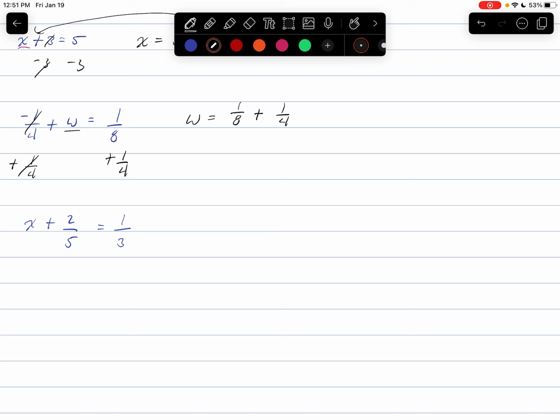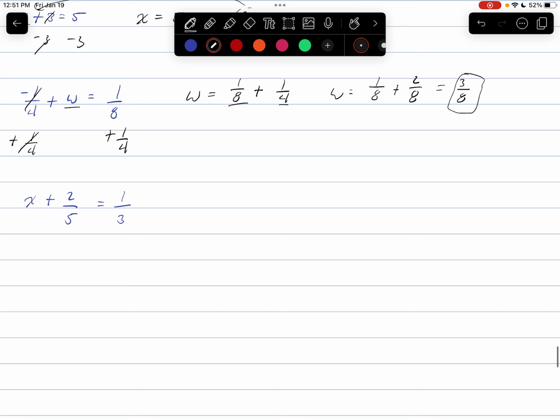So we can see here that 8 is a multiple of 4, so we can very easily write 1/4 as a fraction with a denominator of 8. So we can write this as w is equal to 1/8 plus 2/8, which is going to give us 3/8.